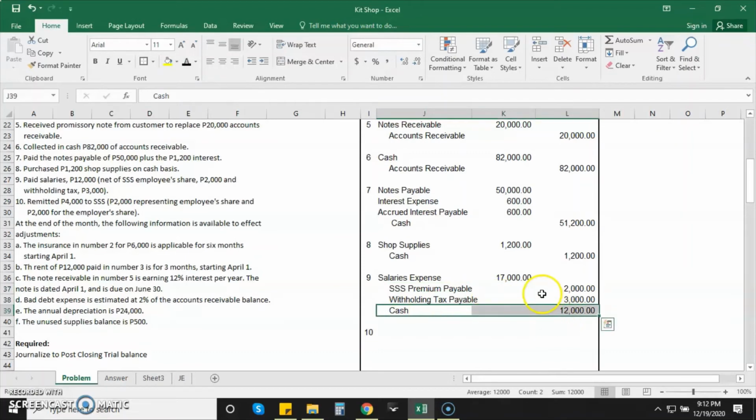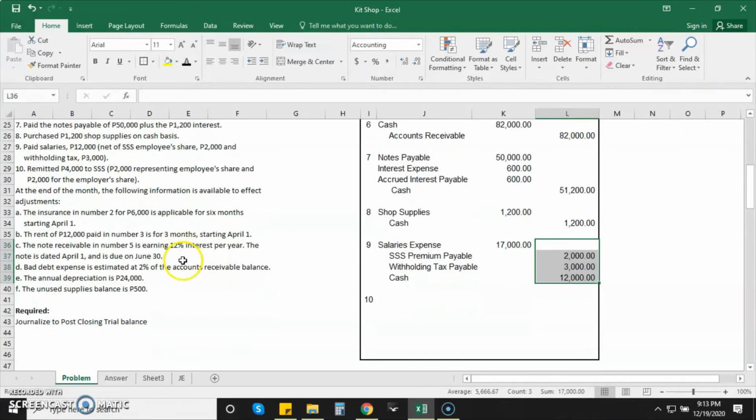Okay? Every time na magka-compound entry tayo, always remember that the total of credit side should be equal to the total of debit side. So if this is 17,000, 12,000 plus 3,000 plus 2,000 should also equal to 17,000. Ganun lang naman. Okay, pag hindi nag-balance kasi ito, magkakamali na tayo sa bandang trial balance, hindi na siya magba-balance.